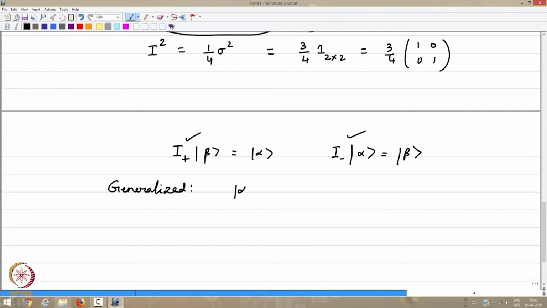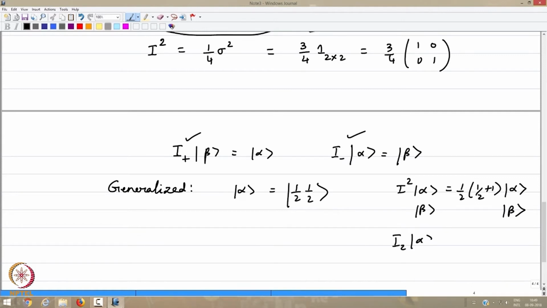Recall that when we wrote down alpha as a state, it had the quantum numbers half and half, corresponding to I squared on alpha or beta giving you half into half plus 1, which is what was written as 3 by 4 times alpha or beta. And Iz on alpha and beta: this was a 1/2 on alpha, and this was a minus 1/2 on beta.